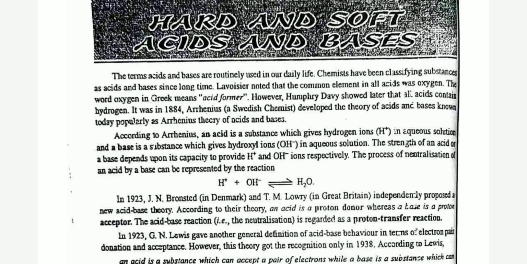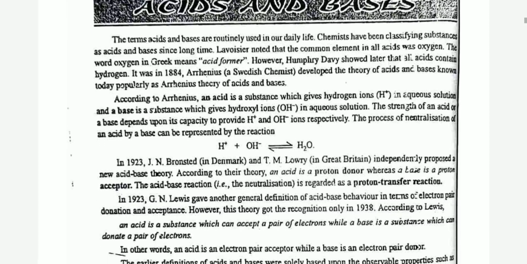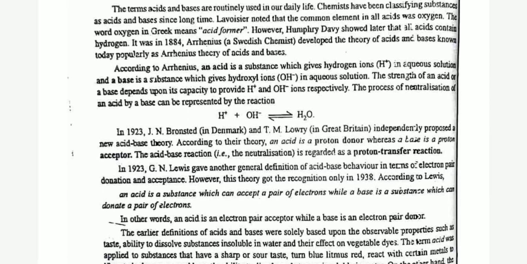It was in 1884 that Arrhenius, a Swedish chemist, developed the theory of acids and bases, known today popularly as Arrhenius theory of acids and bases. According to Arrhenius, an acid is a substance which gives hydrogen ions, H positive, in aqueous solution, and a base is a substance which gives hydroxyl ions, OH negative, in aqueous solution.